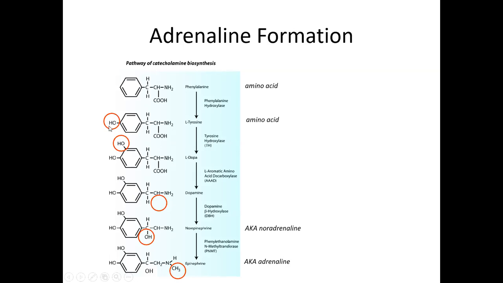Or we could start with the second amino acid. Then the next thing we do is we add another oxygen, making another hydroxyl component, and that gives us a compound called L-DOPA, which we can convert into dopamine. And so L-DOPA and dopamine is something I'm going to talk about when we get to the nervous system next week.